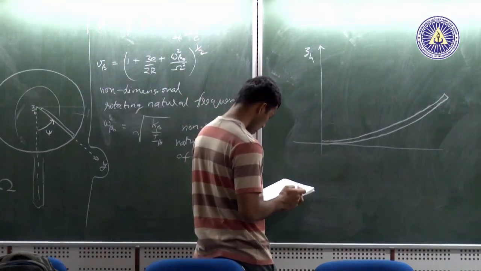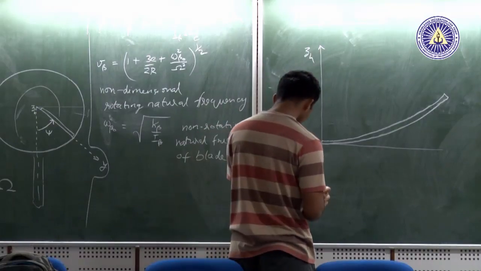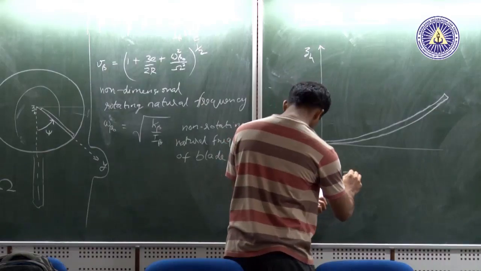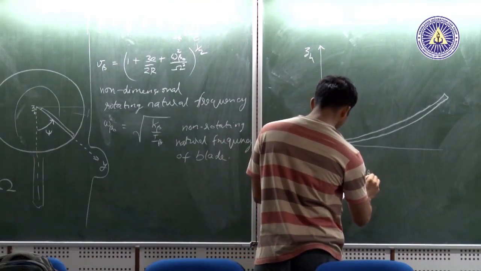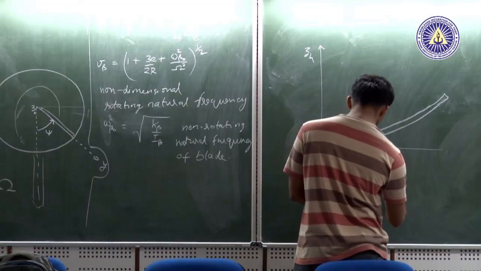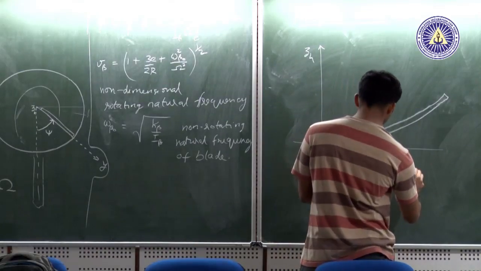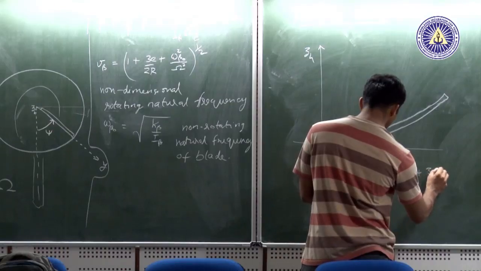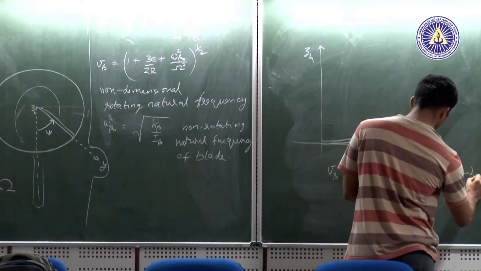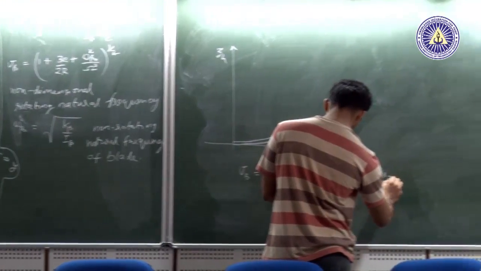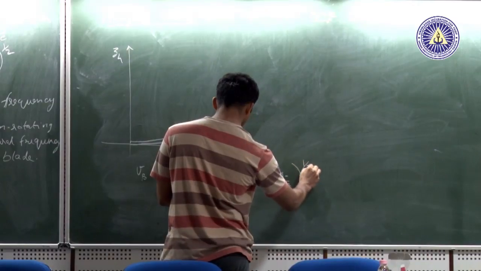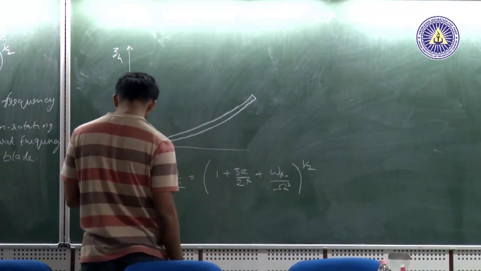So you can write nu beta as omega beta by omega, and that is given by this relation that you have: nu beta equals the square root of 1 plus 3 by 2 E plus omega beta naught by omega squared, to the power 1 by 2.